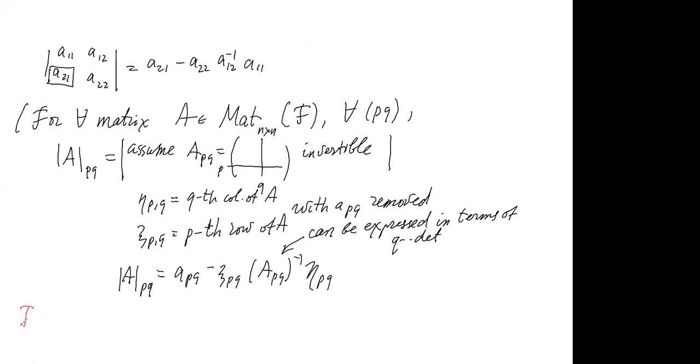If F is commutative, then this quasi-determinant is not equal to the determinant of the matrix. It will be equal to the ratio of the determinant of the matrix by the determinant of the submatrix A^PQ.